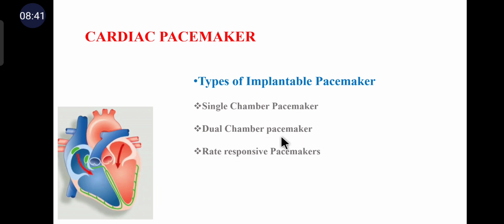In the dual chamber type, wires are placed in two chambers of the heart. One lead passes to the atrium and one to the ventricle. This approach more closely matches the natural pacing of the heart. This type of pacemaker can coordinate function between the atria and the ventricle. Rate responsive pacemakers, the last one, have sensors that automatically adjust to changes in a person's physical activity.